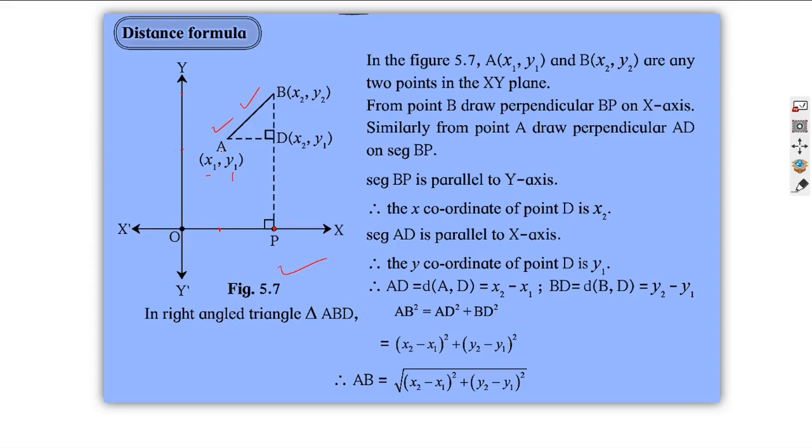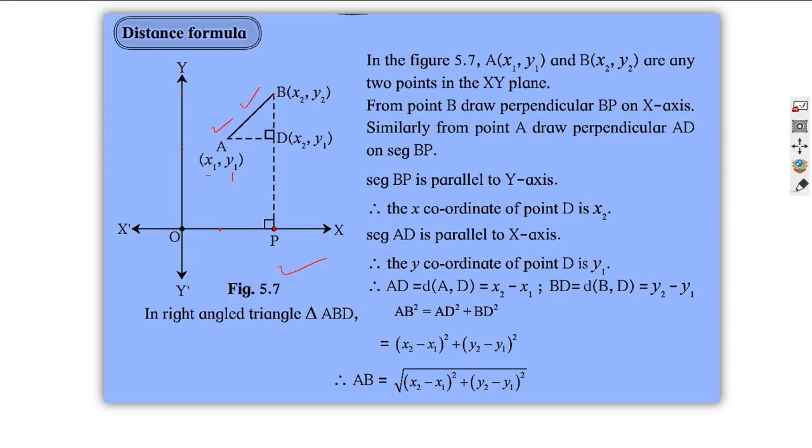Now we are thinking about the distance between AB, and we already applied AC square in the case of the last part where the Pythagoras theorem was applied, and we got some idea. We are applying it in a different way.